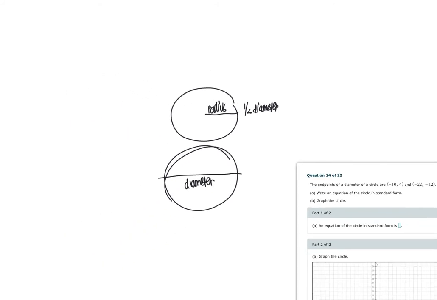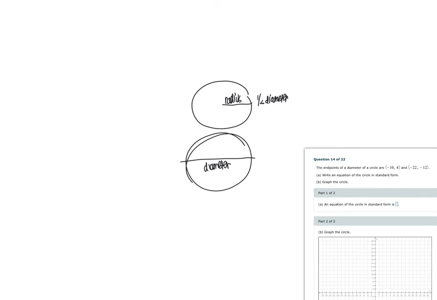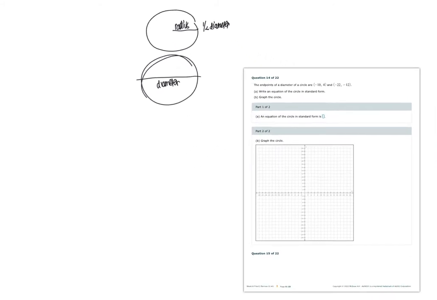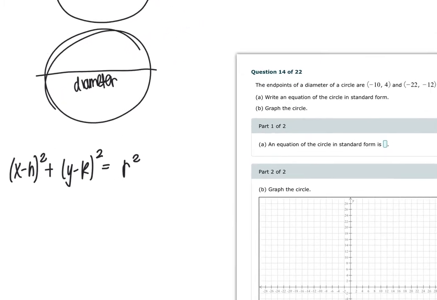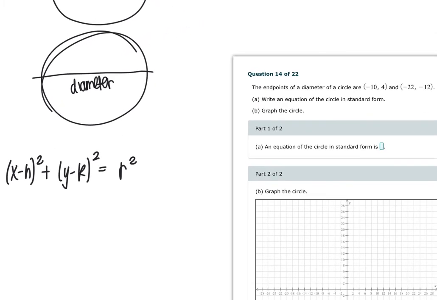Well, why do we need to know what these terms are? Well, because we're going to find the equation of a circle, which asks me to say x minus h squared plus y minus k squared, and it equals r squared. So I don't use the diameter in this equation for the circle. I don't plug the diameter in.